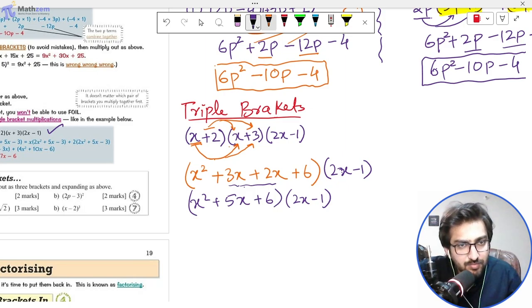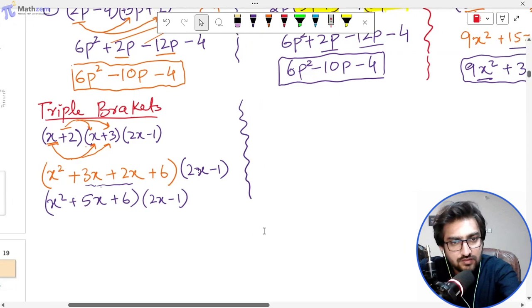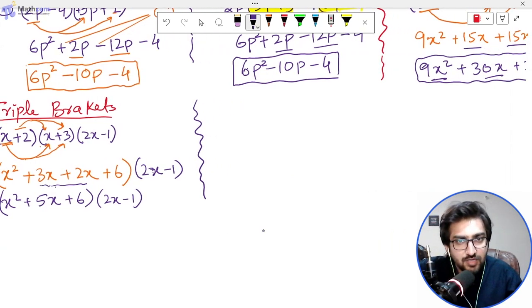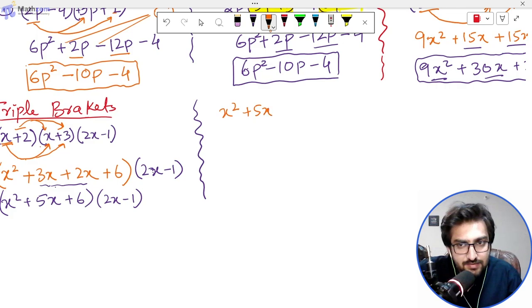So I'm now writing that part here. Okay, so I'm continuing that here. So now (x square + 5x + 6), and the next bracket I will write in another color, that is (2x - 1).